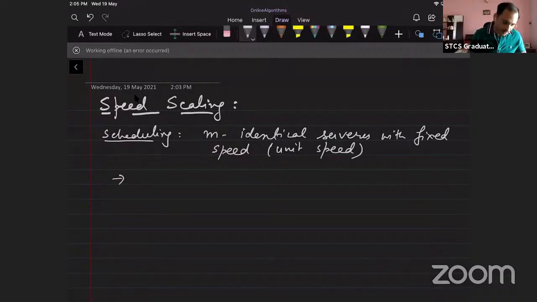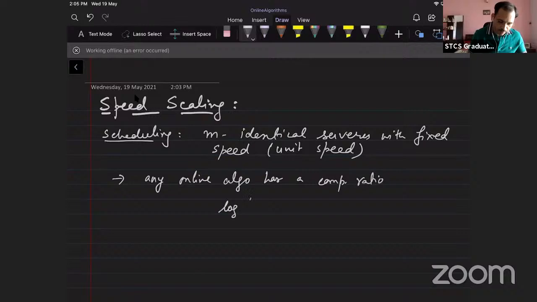It's kind of a negative result, that any online algorithm has a competitive ratio that scales as log of n by m as well as log of w max over w min.